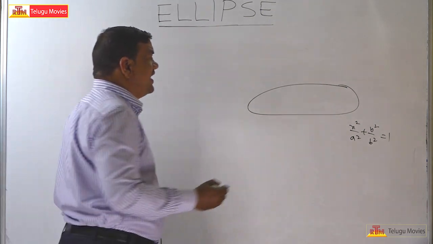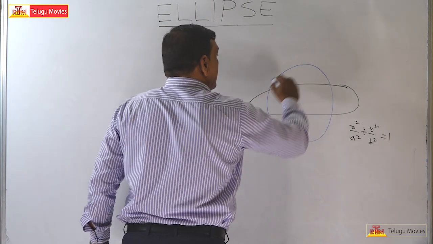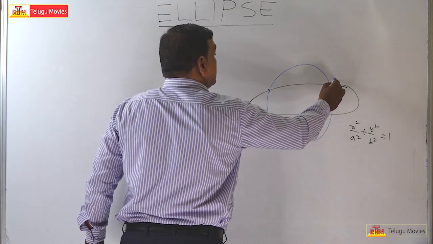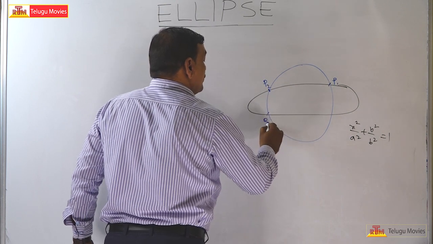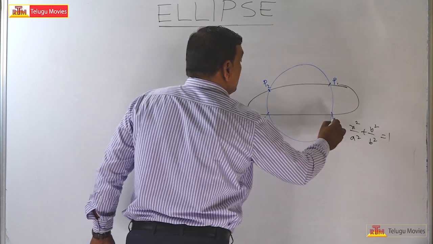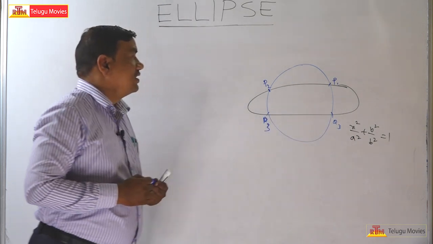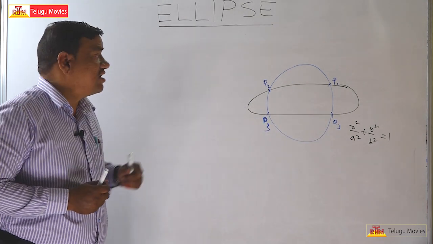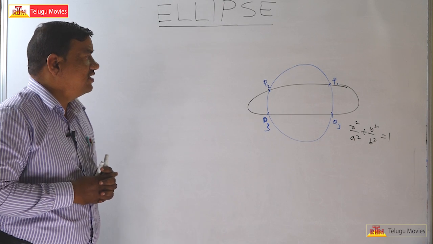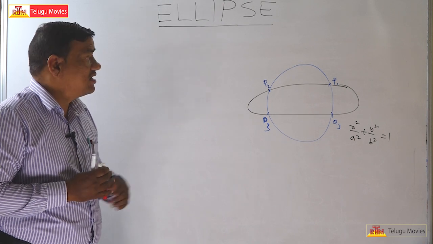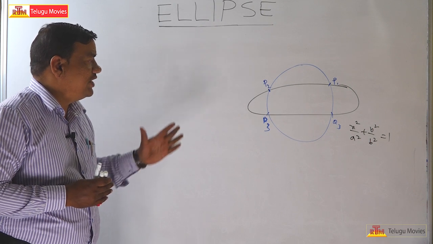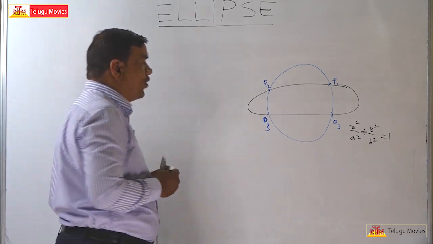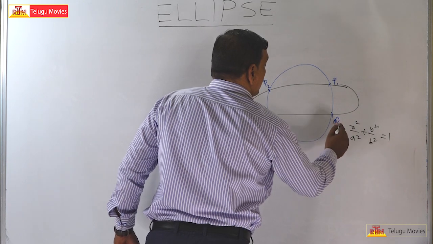Let us take a circle that intersects the ellipse at 4 points P1, P2, P3, P4. Don't think that it is the auxiliary circle; it is any circle. It intersects the ellipse at 4 distinct points, obviously, P1, P2, P3, P4.